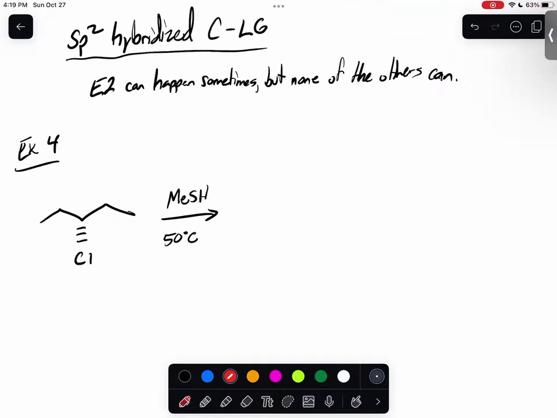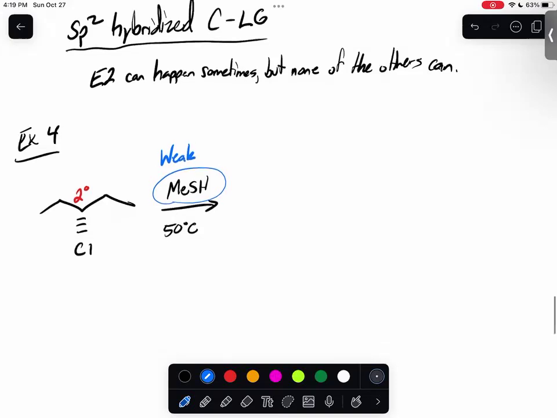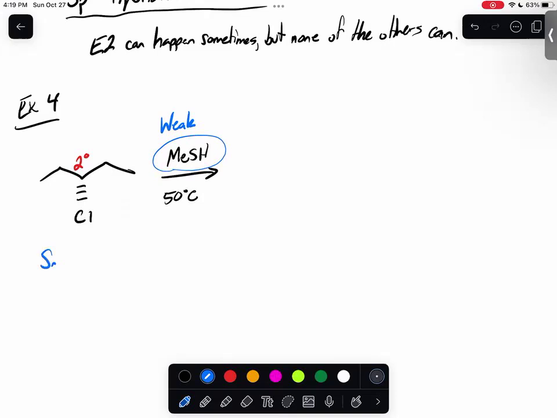In this case, it's a secondary. So every reaction is technically possible. But then looking at this here, there is no charge. That tells us that this is weak. All right. Anytime we see something that's weak, it's immediately true that thing is going to be SN1 or E1 if possible. In this case, with the secondary carbon, it is possible.